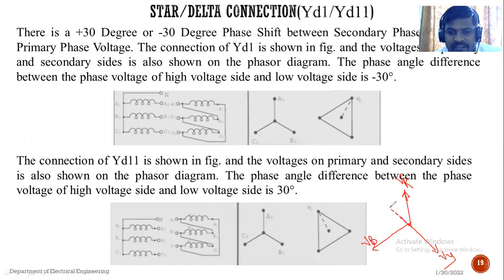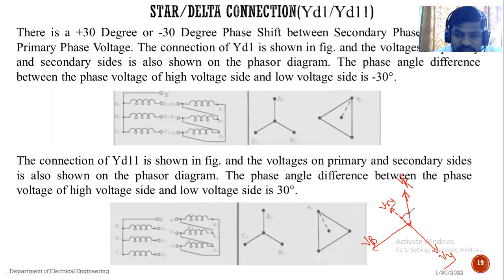This voltage is nothing but VRY, which we represent with small v.